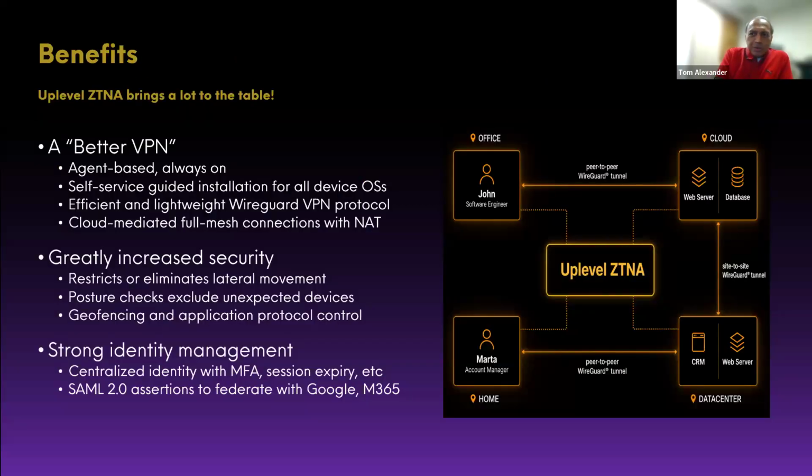Okay, so to recap the benefits that Uplevel ZTNA brings, the basic thing is a better VPN. It's always on. Self-service installation is very efficient and lightweight compared to just about every other VPN, including SSL VPNs. But it does increase security quite a bit. You can apply policies to very much restrict lateral movement, and then apply posture checks and geofencing and all the rest of it to lock things down even more.